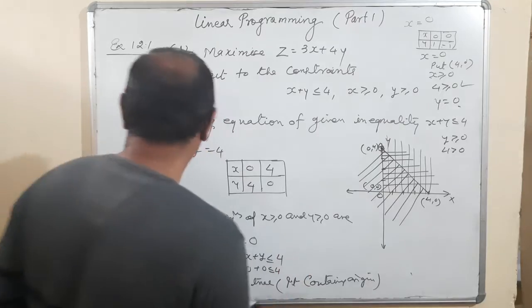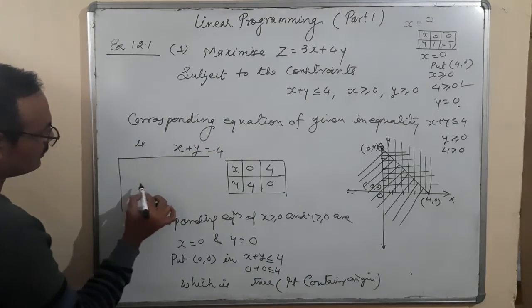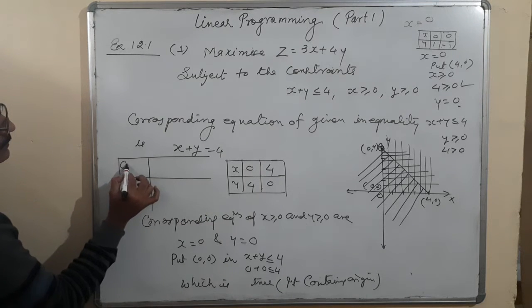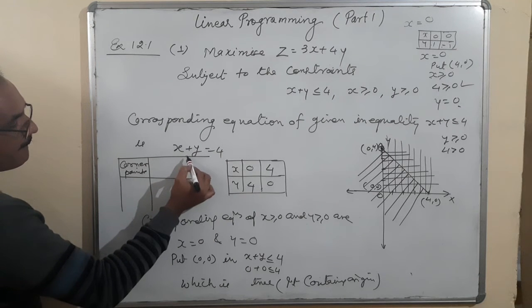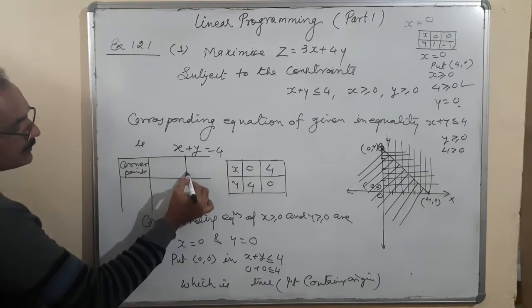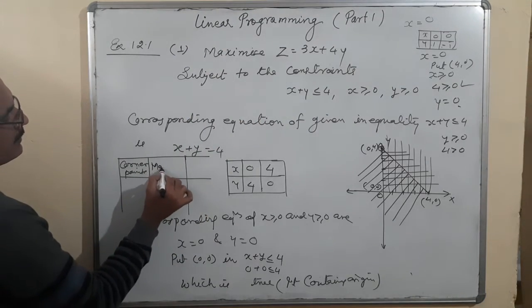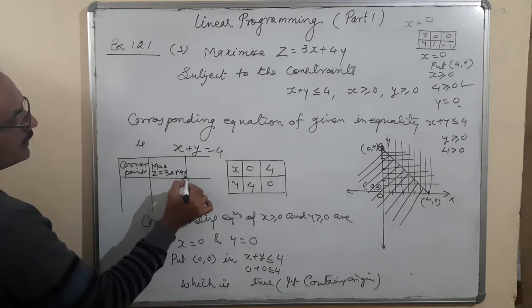Here, when we are making a column of corner points, one column is required for the corner points. Here I put maximize z is equal to 3x plus 4y.